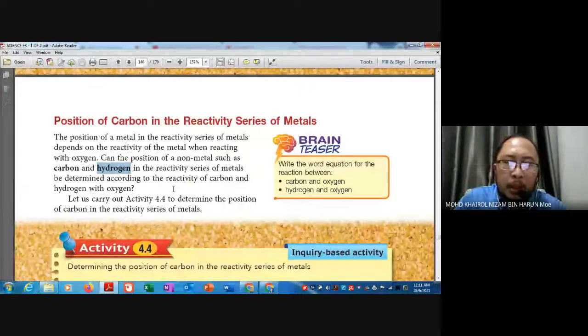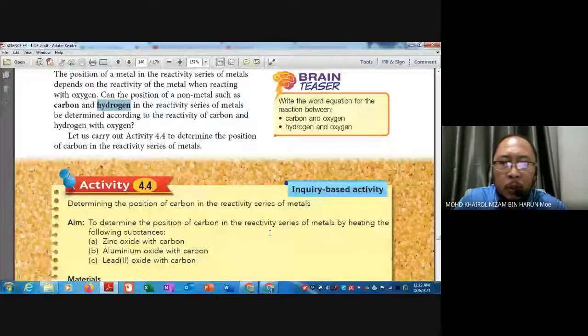What we are going to discuss here is how carbon and hydrogen are positioned in the reactivity series of metals. We want to see the experiments that show how we determine the position of carbon and hydrogen in this reactivity series.